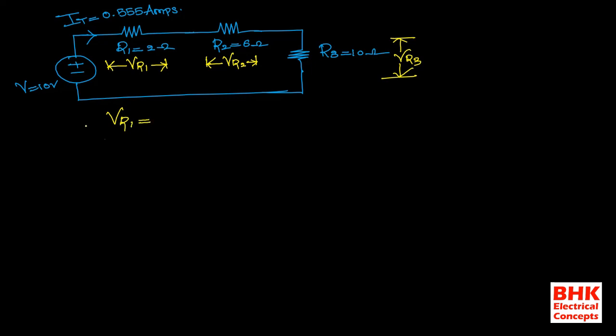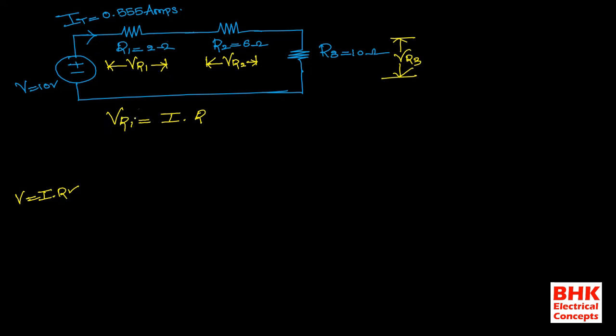Whenever we find the voltage drop across a resistance, the formula is always current into resistance, because as per Ohm's law, V is equal to I into R. We use this formula to calculate the voltage drop across individual elements.